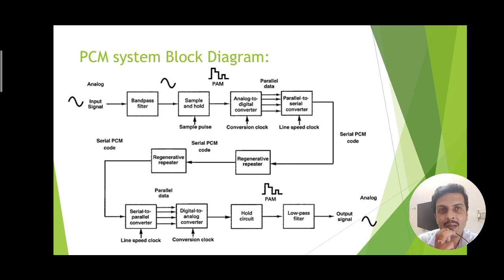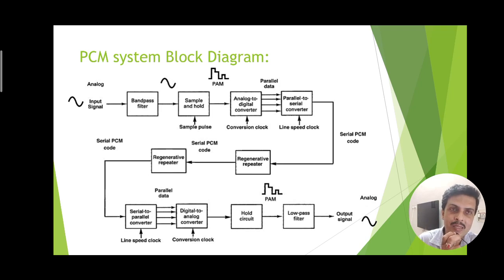The band limited message signal will be further applied to the sample and hold circuit so that the sampled message signal could be obtained, which is known as the pulse amplitude modulated signal. Up to this point it is an analog signal, and this analog signal needs to be converted into digital form by means of an analog to digital converter. The analog to digital converter does two things.